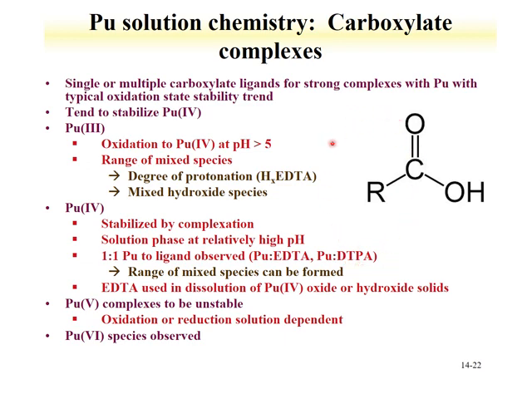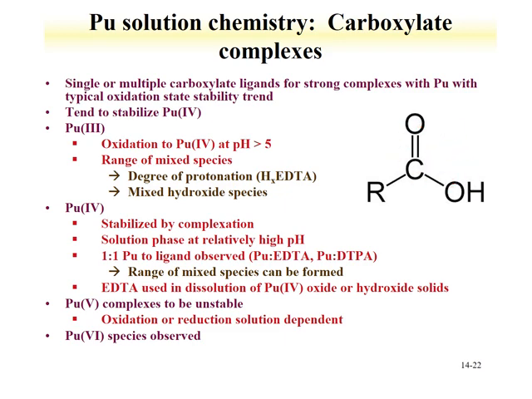Any organic acid, though, with this functional group will have these similar properties. Plutonium-3 carboxylate species tend to oxidize to the 4, and a range of species have been identified, including mixed hydroxide species. So you may have plutonium bound with a hydroxide bound with this carboxylic acid.